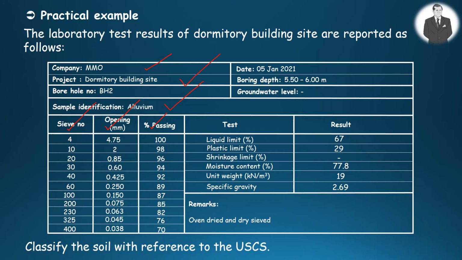In addition, several test results carried out on the sample are also given. They are liquid limit, plastic limit, moisture content, unit weight of soil, and the specific gravity. It is noted that the sample is oven dried and dry sieved. Now then, you are asked to classify the soil regarding the Unified Soil Classification System.